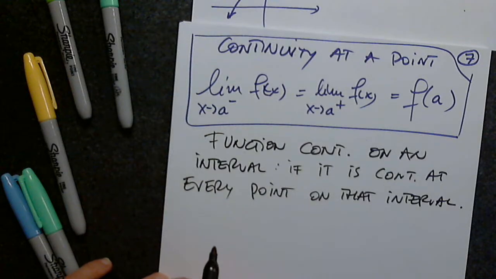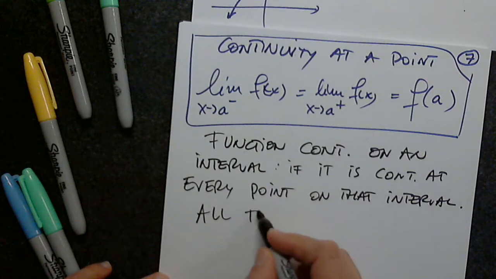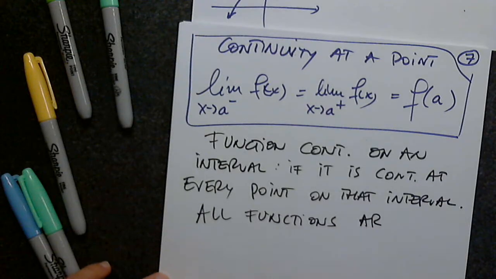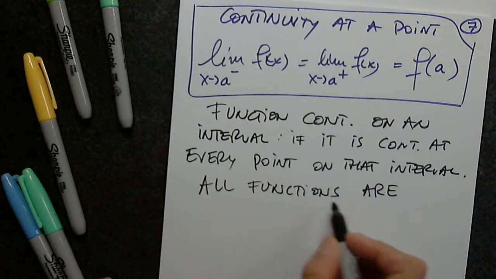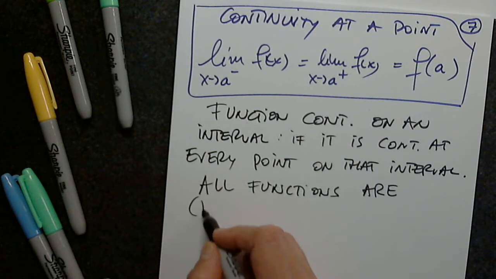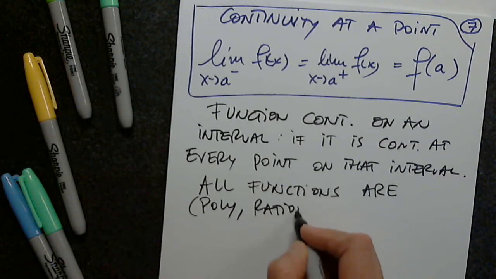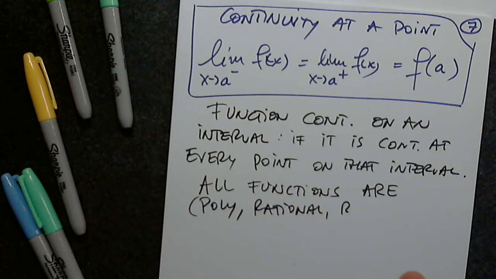Another important concept. All functions are, I shouldn't say all, I should list, just to be specific. So functions like polynomial, rational, because you can say, what about a piecewise defined function? I don't know, I can't.